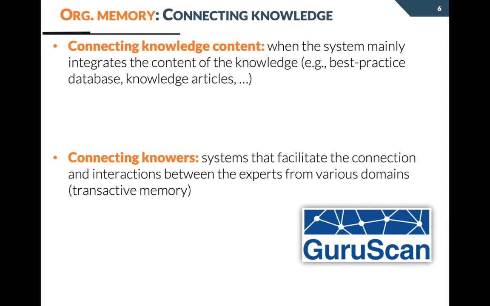There are several limitations to this type of systems that are content centric, and the main limitation is that these systems are effective as much as knowledge can be codified. Since now we know that a lot of knowledge cannot be easily codified, there are other types of systems that are more suitable for connecting not just the knowledge content, rather the knowers, the experts, the people who know something. And these are based on a concept that is called transactive memory.